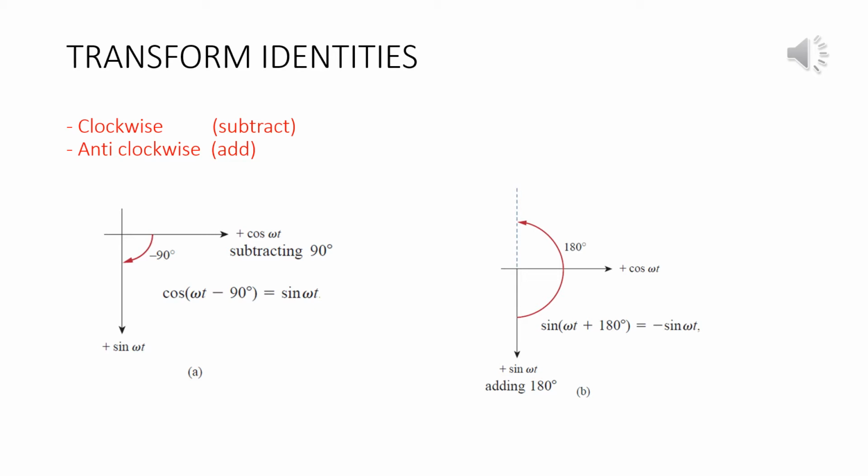At A, we can see that if we want to change cos form to positive sine form, we have to subtract 90 degrees. While for positive sine, to change to negative sine, we have to add 180 degrees because it is in the anti-clockwise direction.